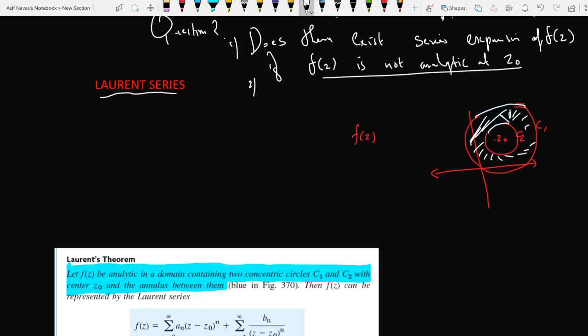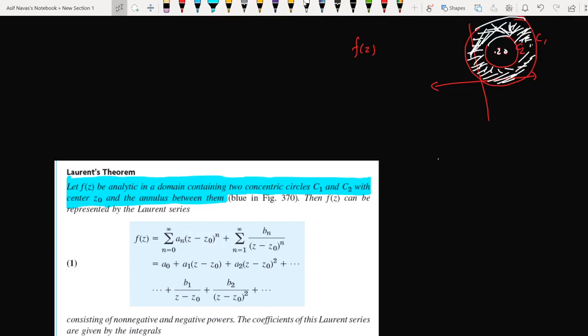The condition is we don't need analyticity at z0, but we need analyticity in this annular region. For Taylor series we need analyticity at z0, but for Laurent series we need the function to be analytic only in the annular region. Then f of z can be represented by a Laurent series.